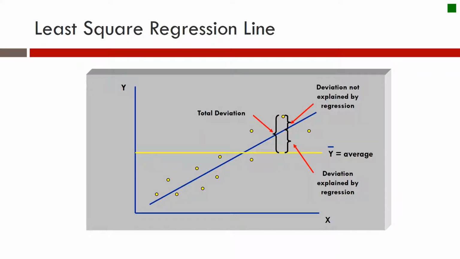So if we look at a set of data, we have a y that's being predicted, and we have an x that we are using to help predict y. We notice that these observations, the yellow dots, have a clear pattern.